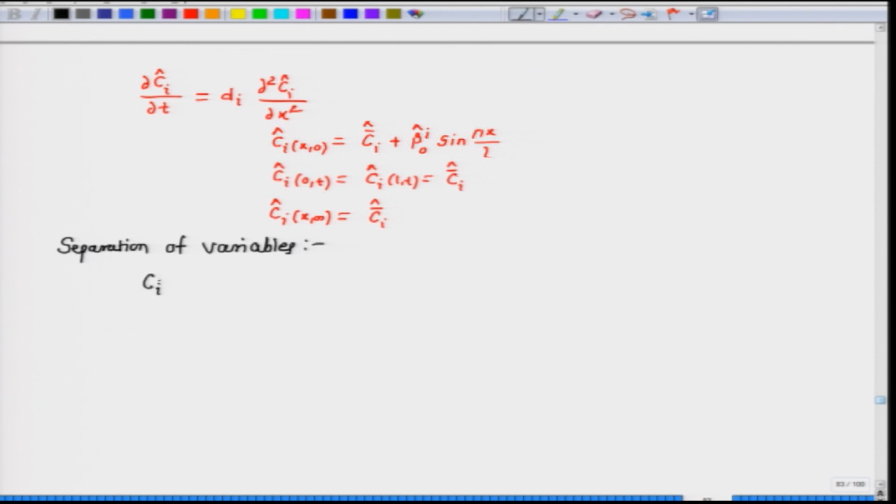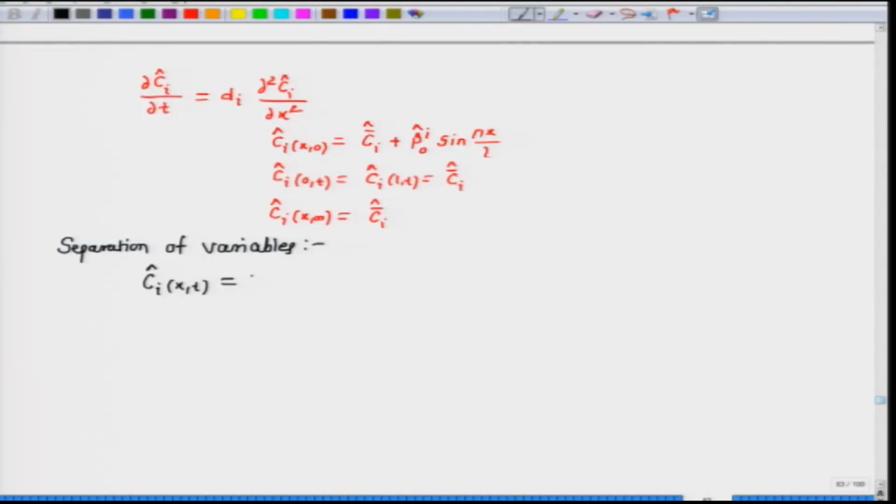What we assume is that Ci cap at any x and t can be expressed as a product of two functions, one which is a function of only x, and the second which is a function of only t. Let us call them X(x) and T(t). So Ci cap at x and t can be given as X(x) times T(t).